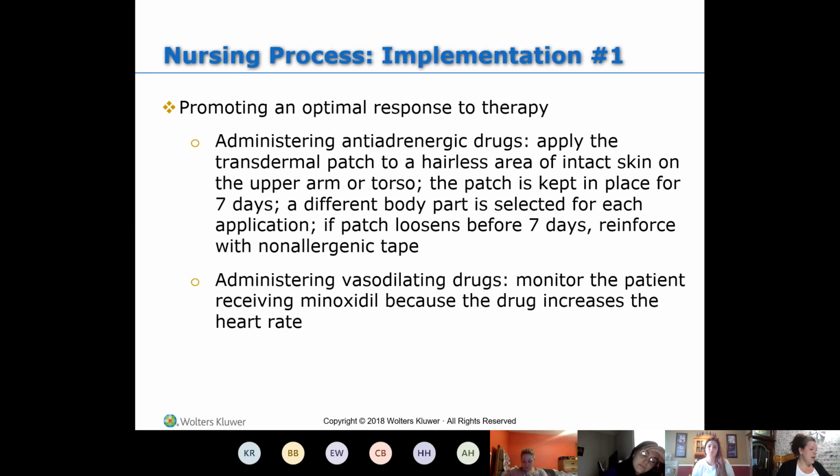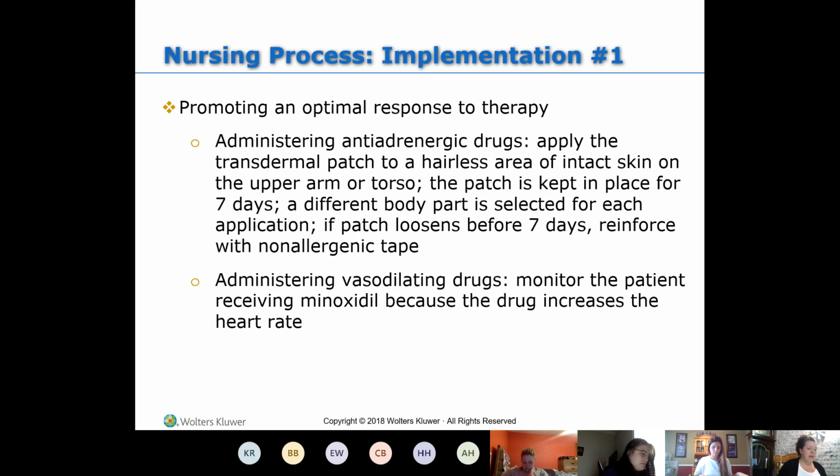Minoxidil is an emergency drug. It can be found on page, I think 407. Let me look. If y'all find it before I do, let me know. I don't see it on this list, but it's a medication that's given for severe hypertension.